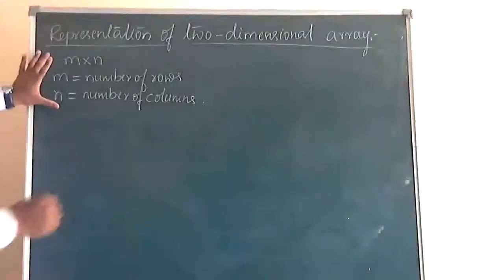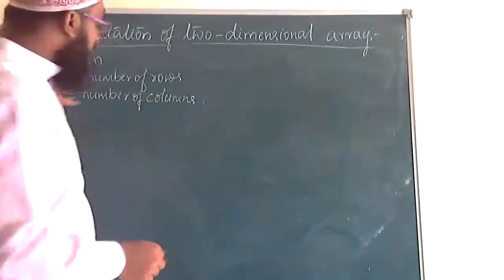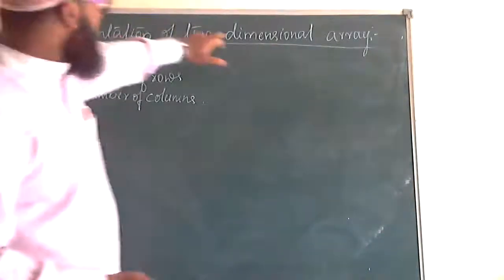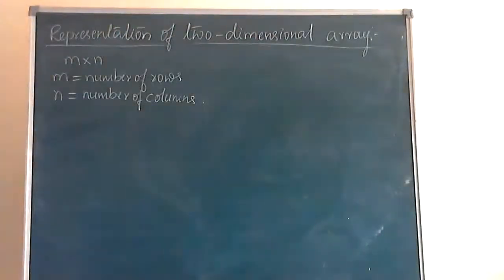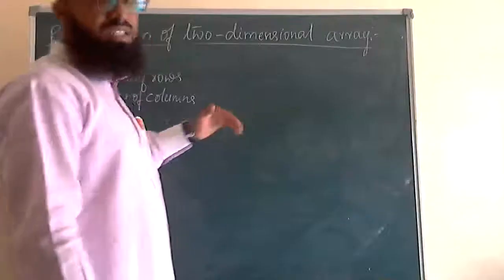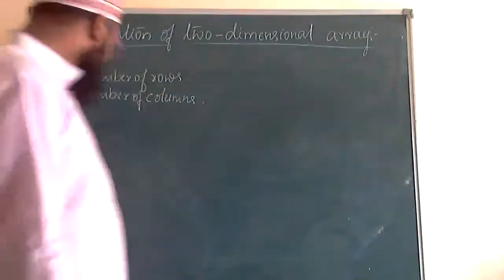Now, keeping these things in mind, we will see the definition of representation of a two-dimensional array. How can we represent the two-dimensional array?